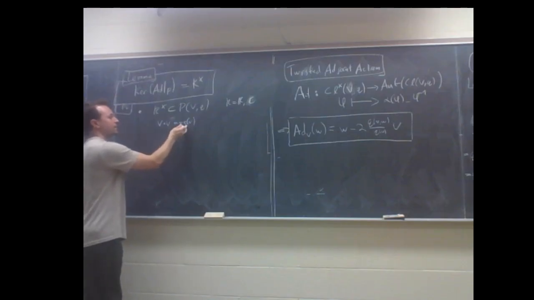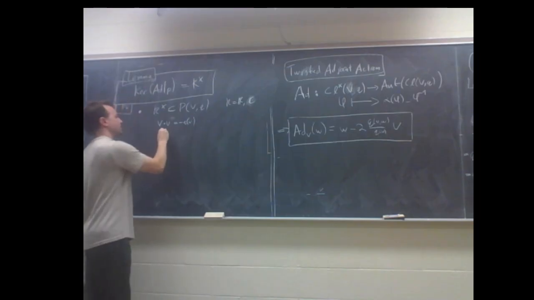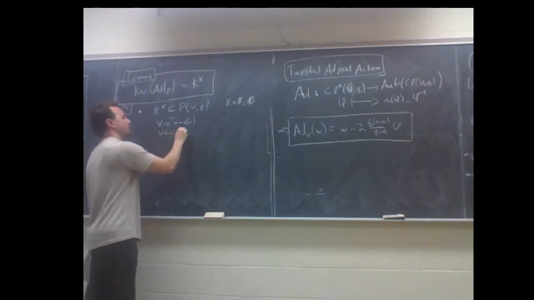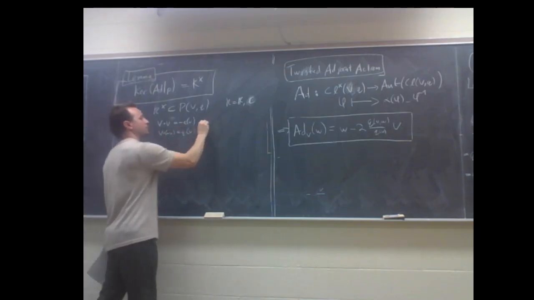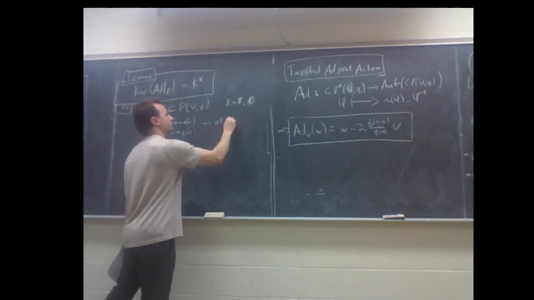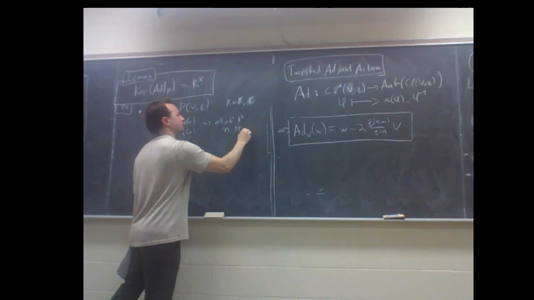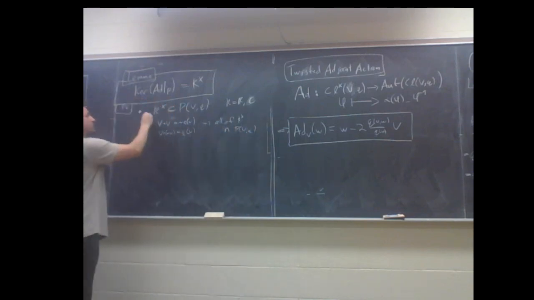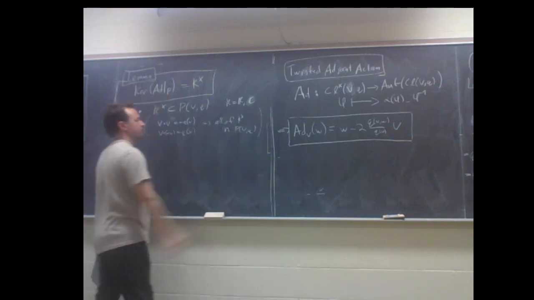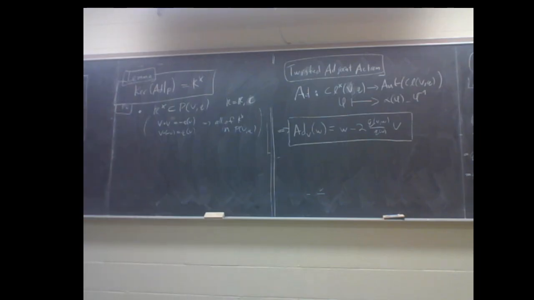But if you can't get 1, you can always just take V times minus V. So we get all of K cross N. Anything in the non-zero elements can be written as a product of things from the vector space. This is something that isn't true in arbitrary fields.